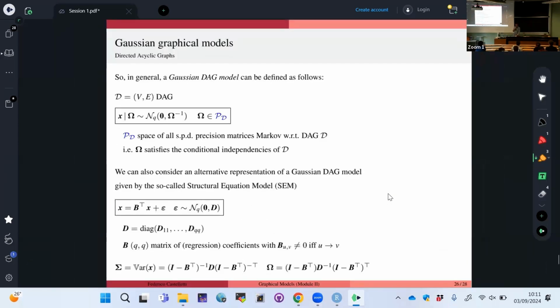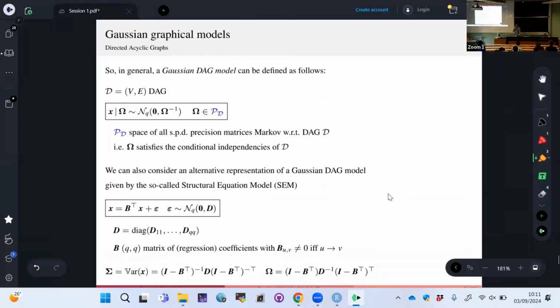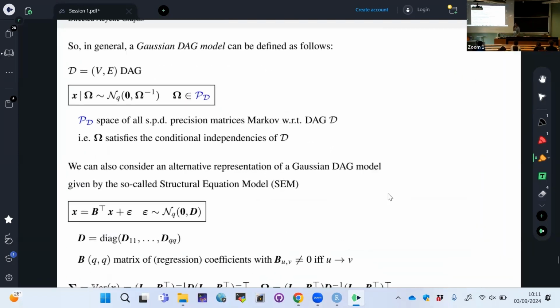Okay, so now finally we would like to define a Gaussian DAG model. How can we define a Gaussian DAG model? We can start by saying something similar to what we said before for undirected graphs.